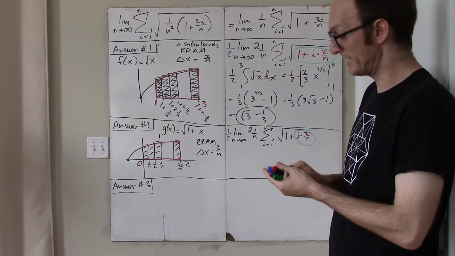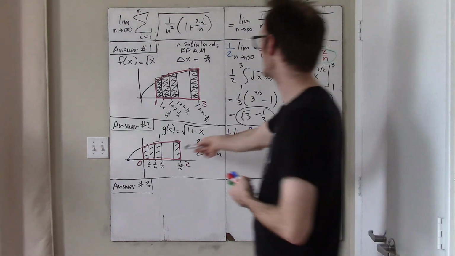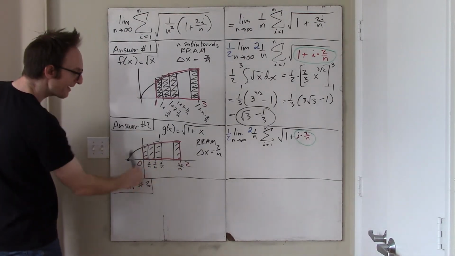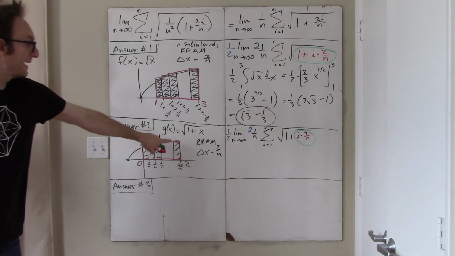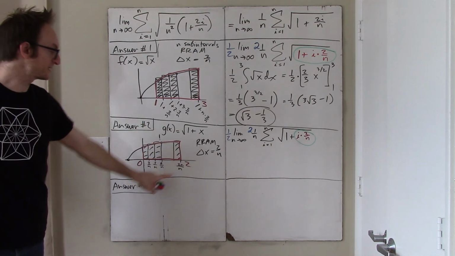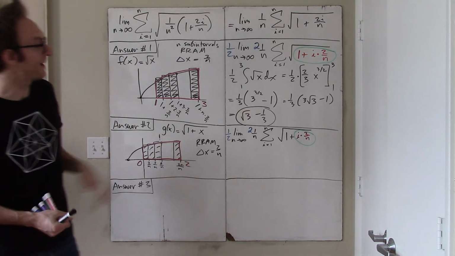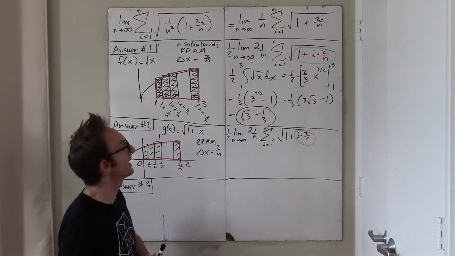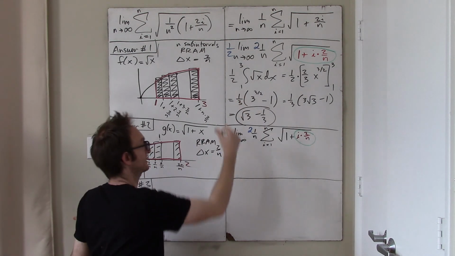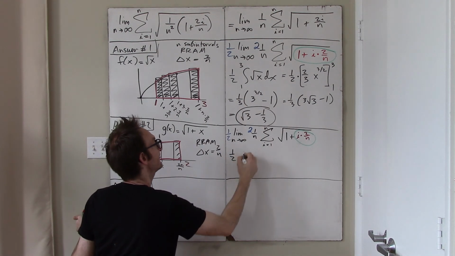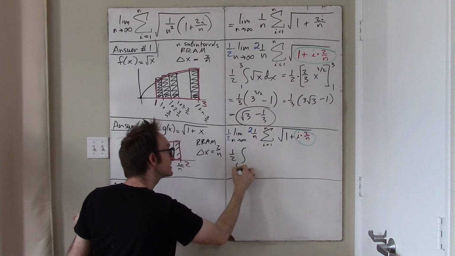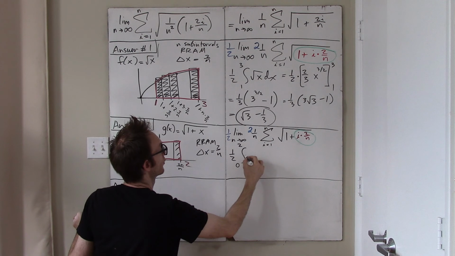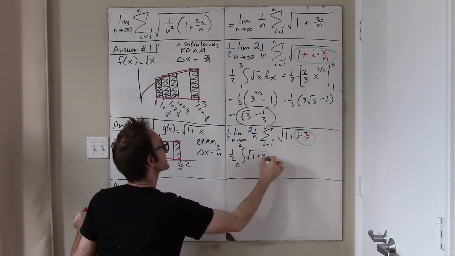But I now recognize, so to speak, that the thing that I was trying to find the area of was the area under the root 1 plus x curve from 0 to 2. And by patching up this delta x so that it's the correct width, I now see that this can be interpreted as 1/2 the integral from 0 to 2 of root 1 plus x.